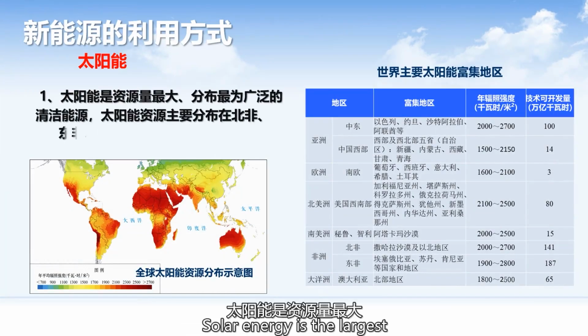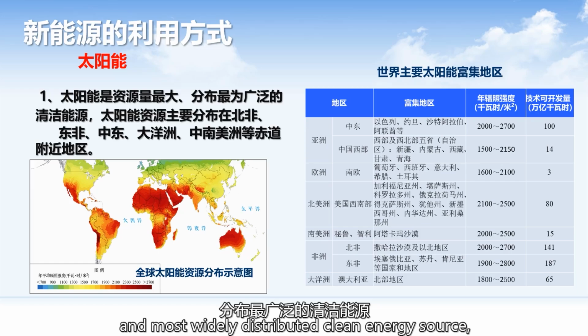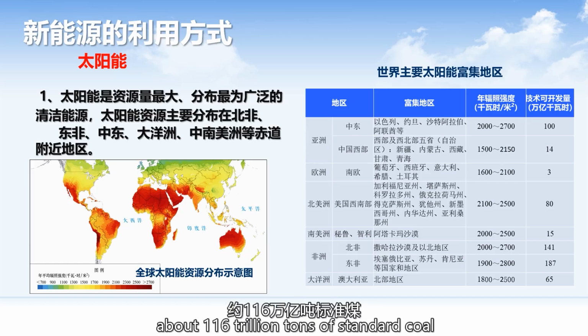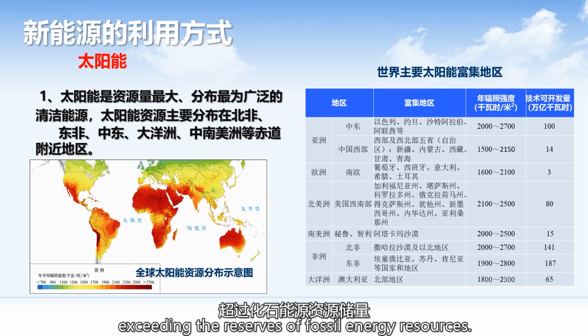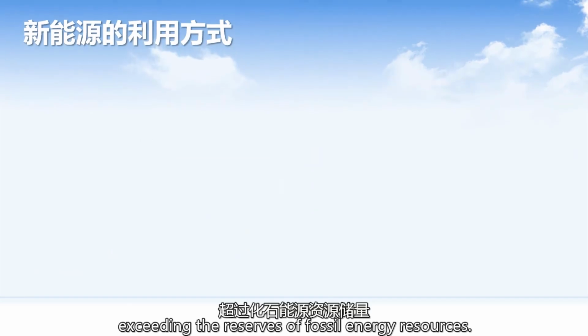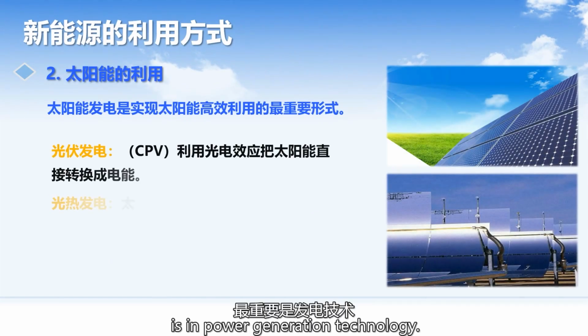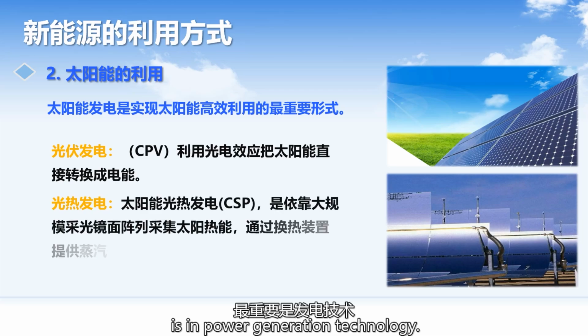Solar energy is the largest and most widely distributed clean energy source, with an annual radiation of about 116 trillion tons of standard coal to the Earth's surface, exceeding the reserves of fossil energy resources. The most important use of solar energy is in power generation technology.